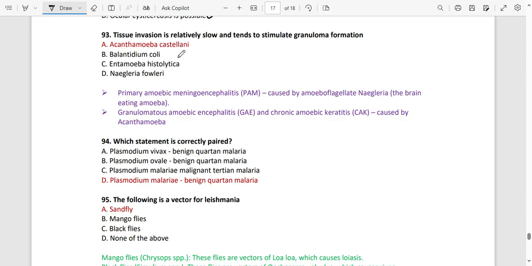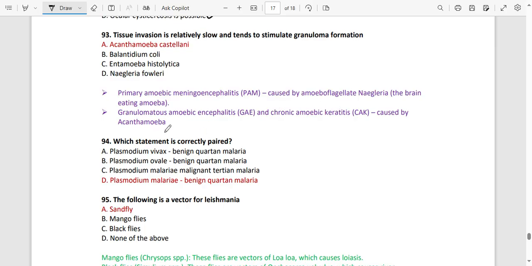Acanthamoeba castellani, Balantidium coli, Entamoeba histolytica, Naegleria fowleri. When you look at this, the primary amoebic encephalitis can be caused by Naegleria fowleri, which is the brain-eating amoeba, where someone is swimming and then the Naegleria enters via the cranial nerve number 1 and then it goes to the brain.